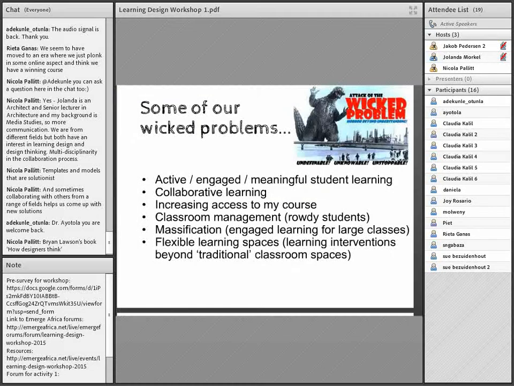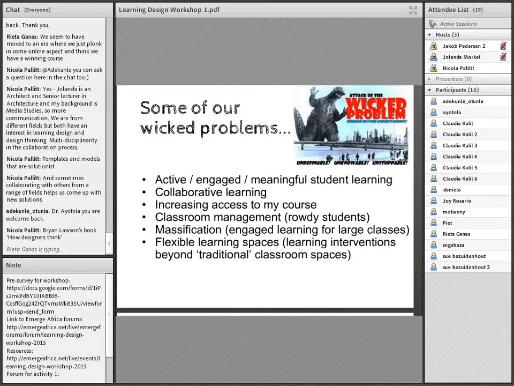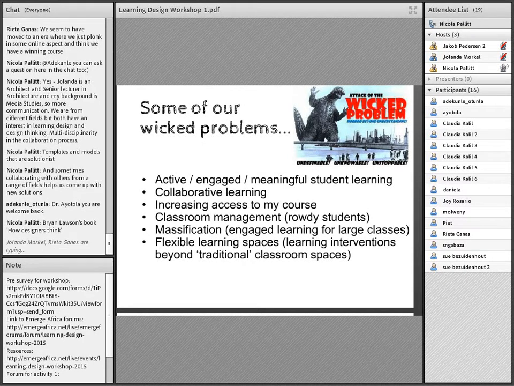Some of our wicked problems are based on things that you added to the survey. Here's what we identified as some of the wicked problems that you are dealing with: active or meaningful student learning, collaborative learning, increasing access to a course, issues around classroom management, massification, and flexible learning spaces.